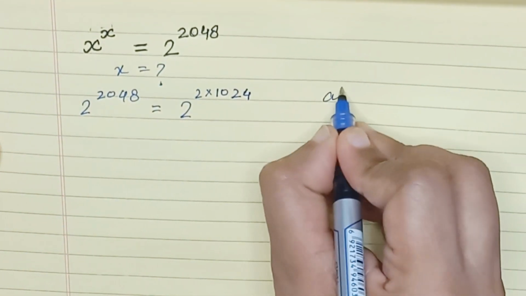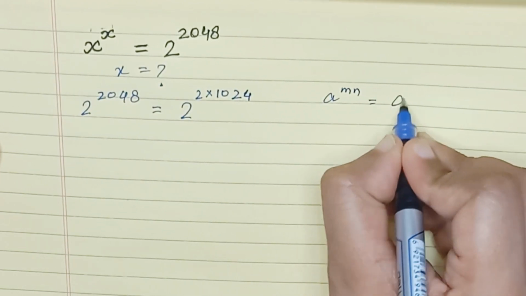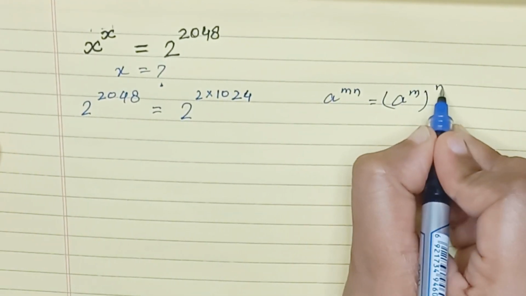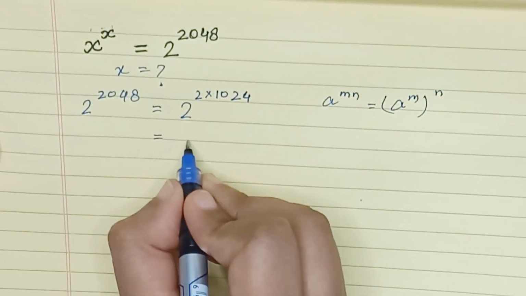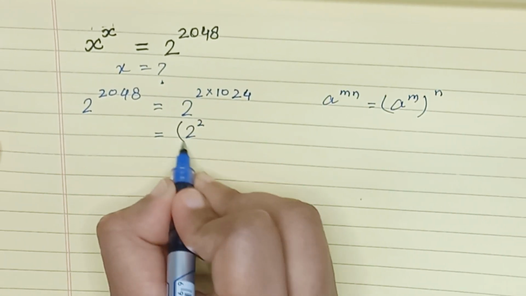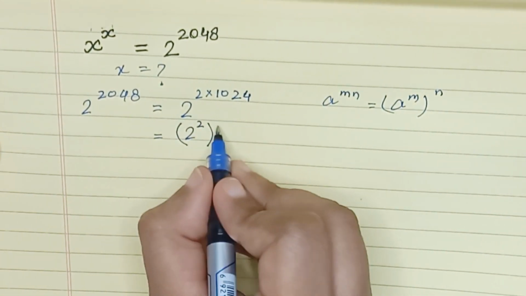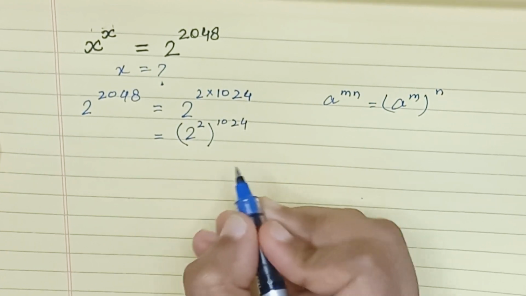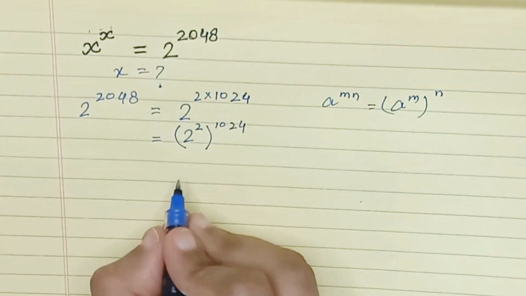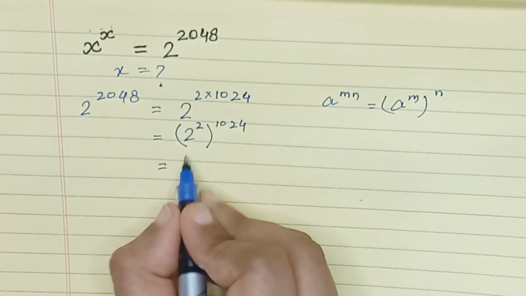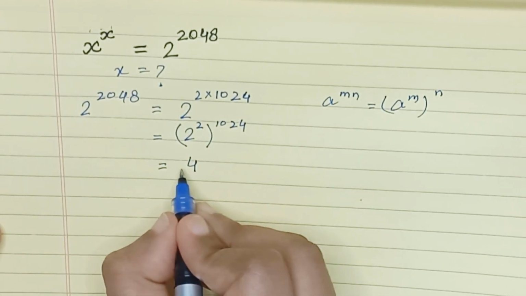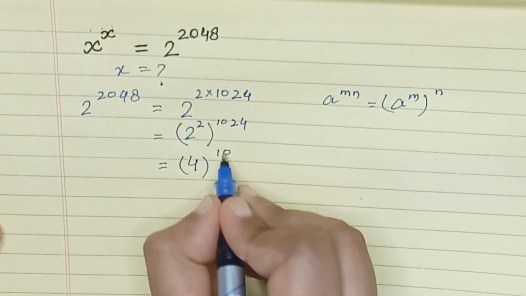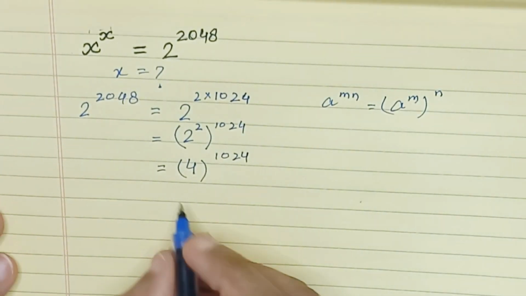We know that a raised to the power mn is equal to a raised to the power m, whole power n. So it can be written as 2 raised to the power 2 and its whole power 1024. From here it becomes 4 raised to the power 1024.